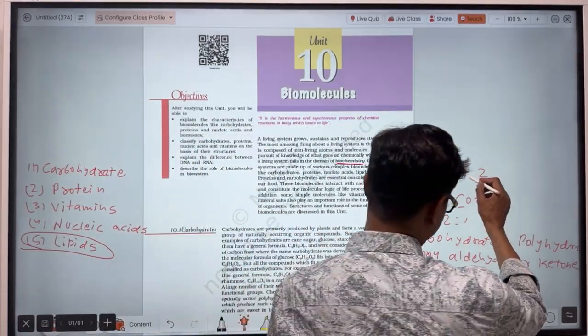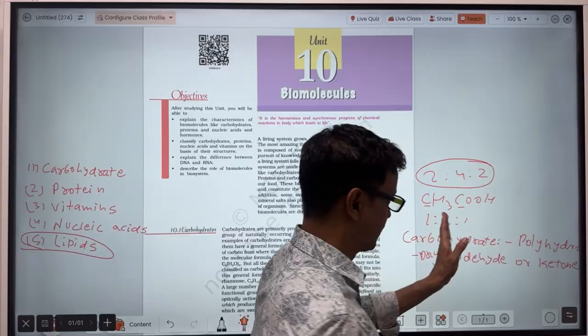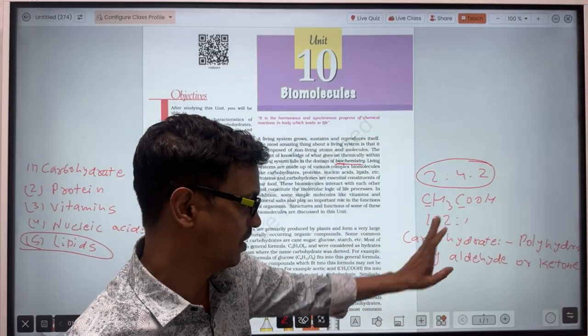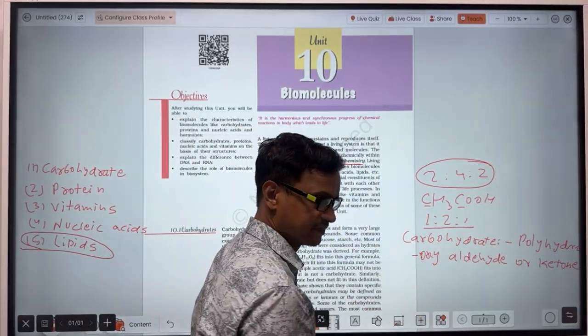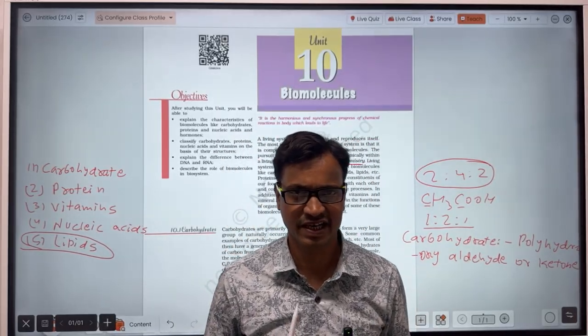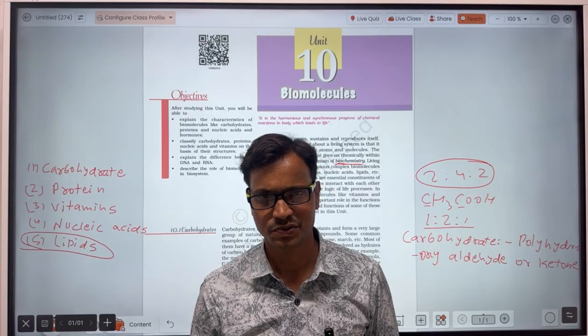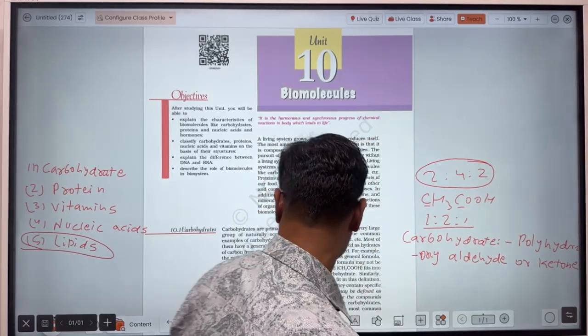Usually in carbohydrate, the ratio of the number of carbon, hydrogen and oxygen atoms is 1:2:1.